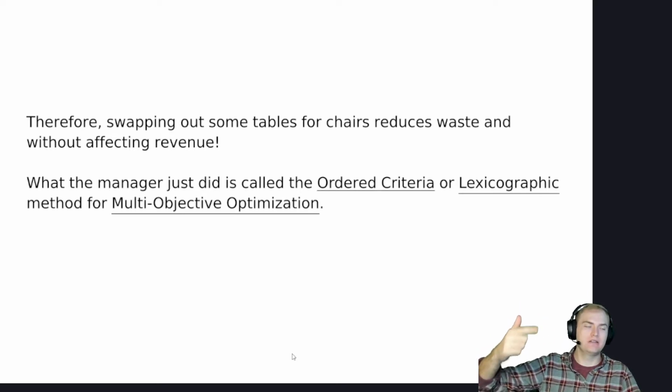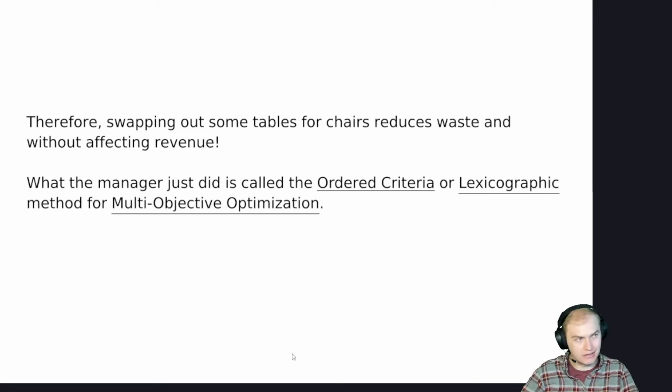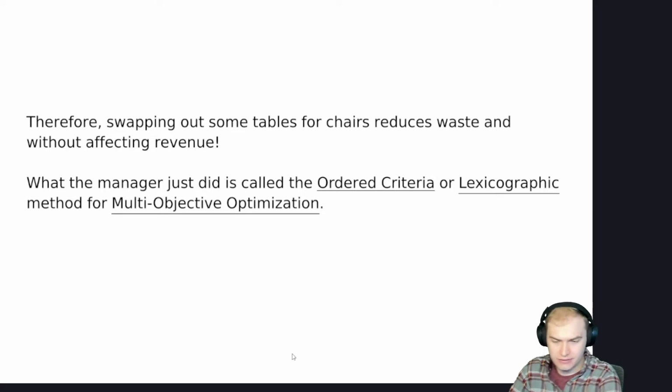If there's still a tie, consider the third objective, and on until we break that tie somewhere along the line. It's a popular method for breaking ties, like we've done here, but it's not particularly powerful, per se. It doesn't give us as many options as the next method we'll talk about.